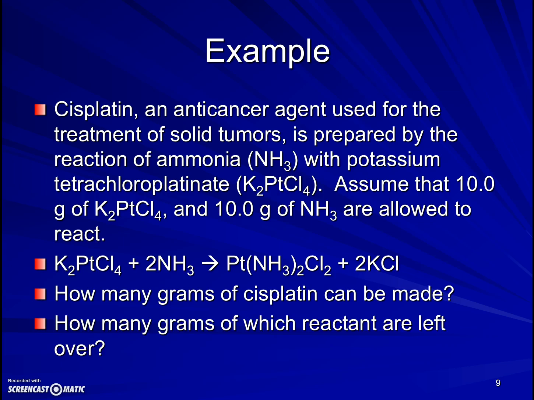Once we know that, we can back calculate how much of the excess reactant got used up and subtract from the original amount, figure out how much is going to be left over, how much excess reactant we have. And so we'll work that problem together as well.